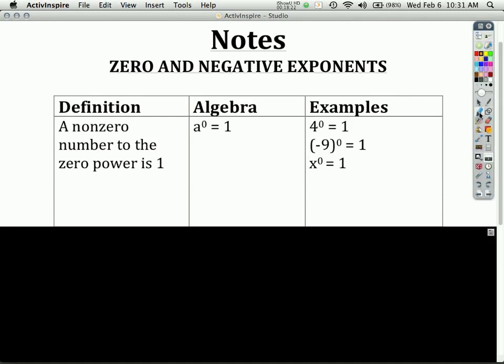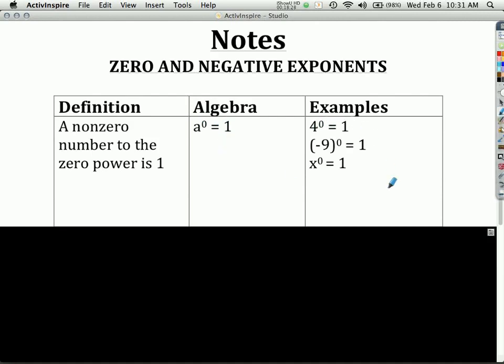So, as a model here, in the middle, a to the 0 power equals 1. But 4 to the 0 power equals 1. Negative 9, a negative number to the 0 power equals 1. A variable to the 0 power equals 1. Anything to the 0 power equals 1. Some of you might, your instincts would say, well, wouldn't it be 0? You're going to see in a few minutes why it is not.